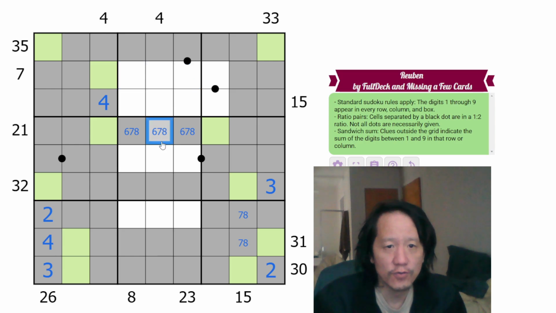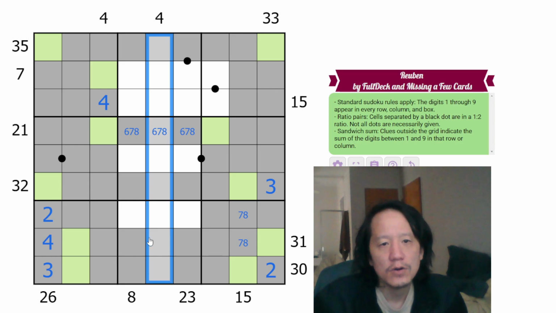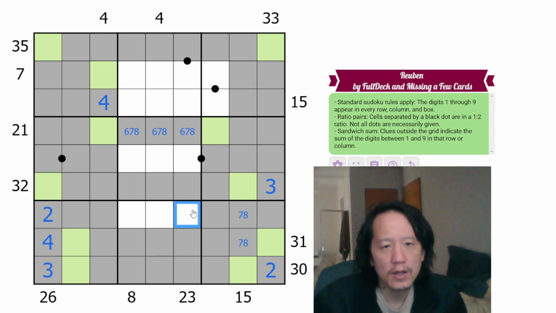We, therefore, where can this, in this column, actually, let's go here. How many digits can you have?